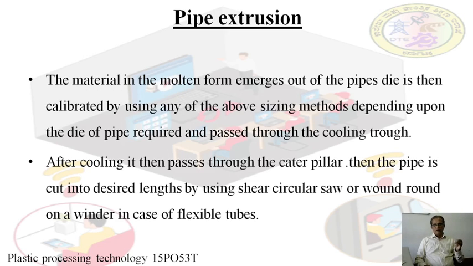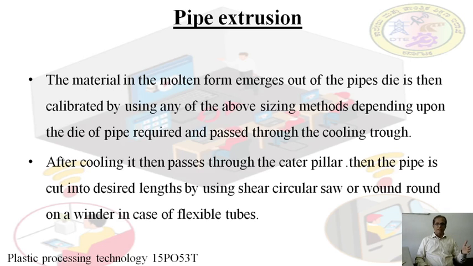For melting the material, the extruder portion will have three zones: feed zone, compression zone, and exit zone. In these three zones, the material will be heated, melted, and pumped to the die, and the flow will be laminar type when it comes out of the die.